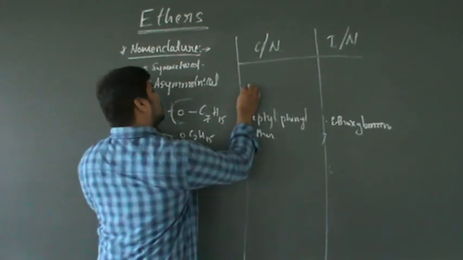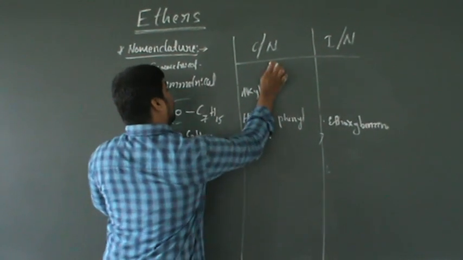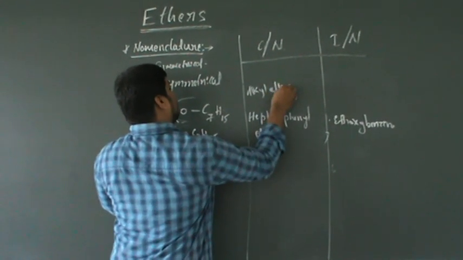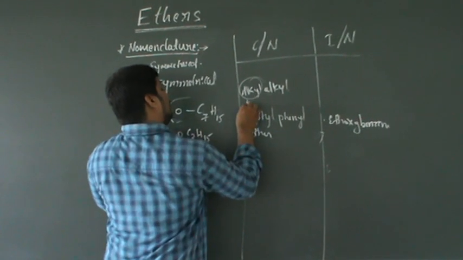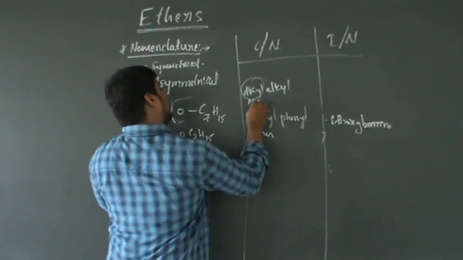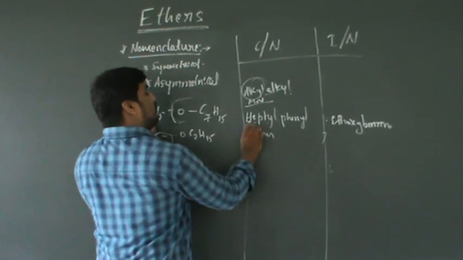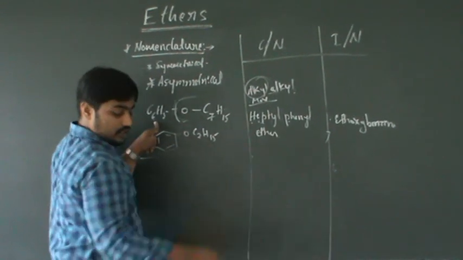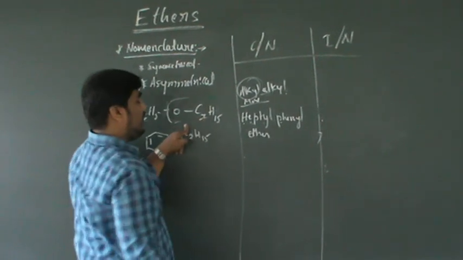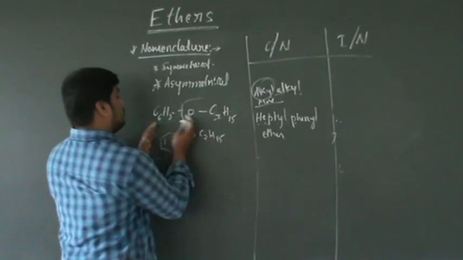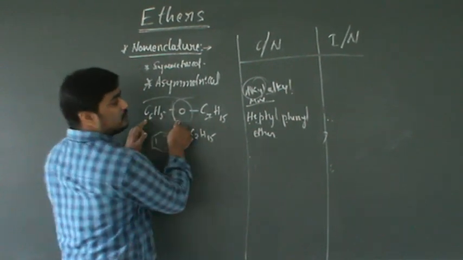Please remember this. In the case of alkyl aryl ethers, in the common naming system, the alkyl containing more carbons is named first: heptyl phenyl ether. In the IUPAC system, what is the smallest part?